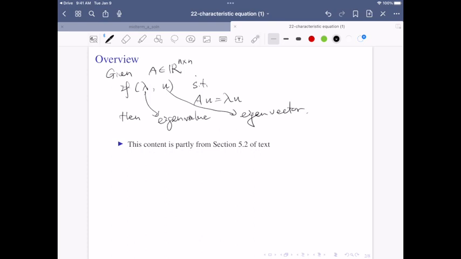So usually the structure of eigenpairs can be thought of like this.